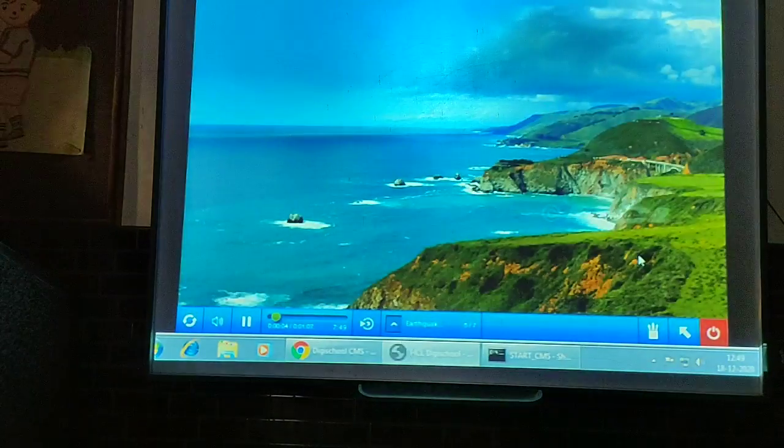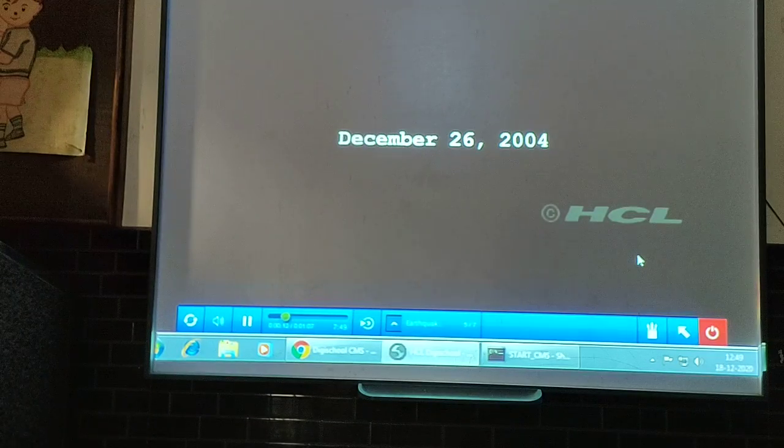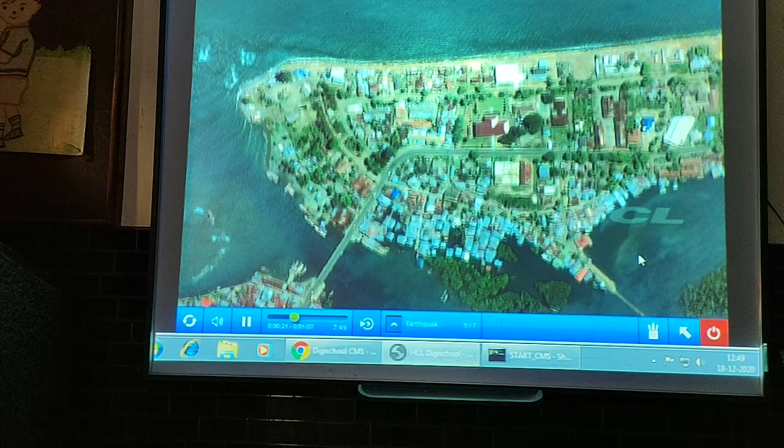Let us take the example of a major earthquake that occurred in the Indian Ocean. December 26, 2004. An undersea earthquake occurred and lasted for nearly 10 minutes.